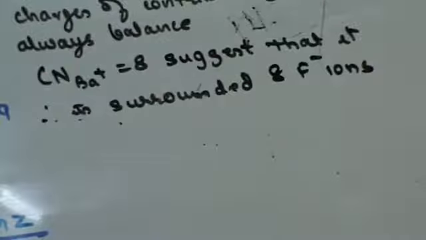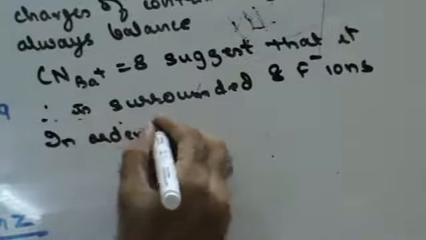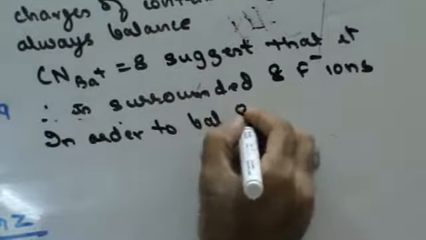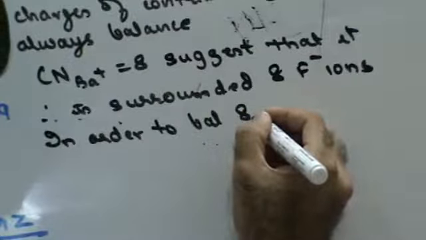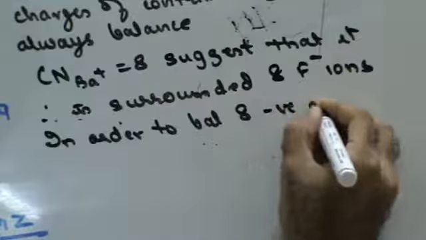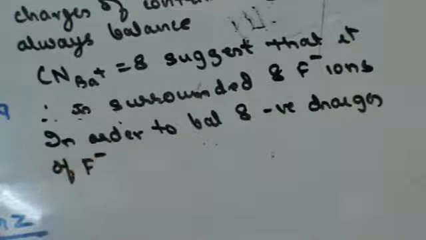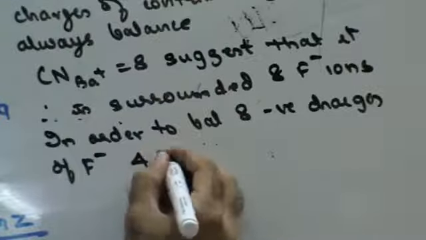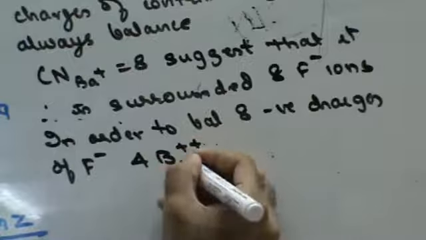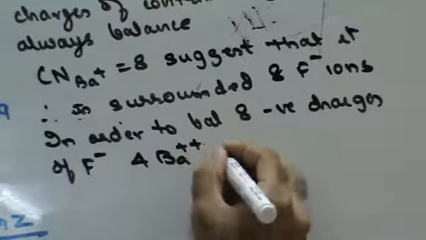Now, in order to balance the 8 negative charges of fluoride ions, 4 barium are required.